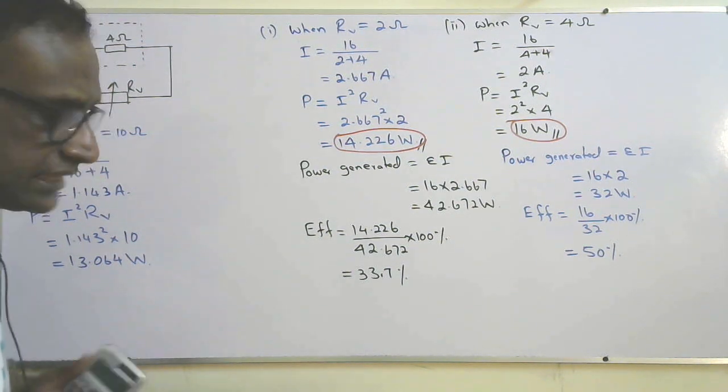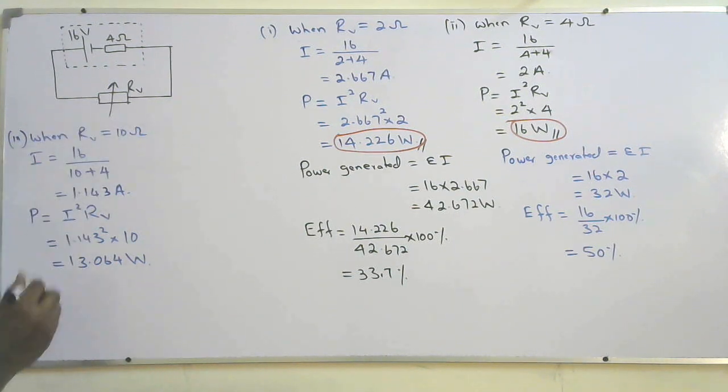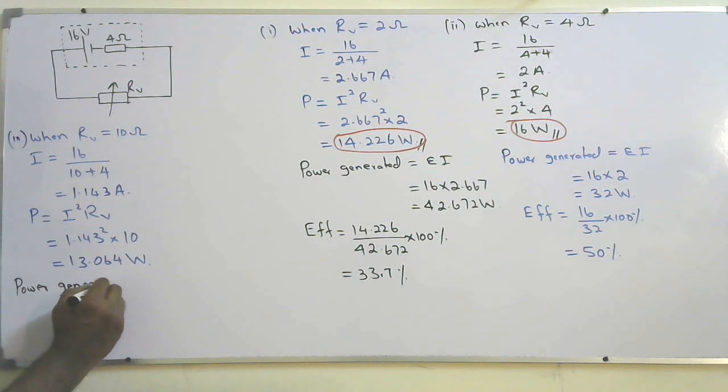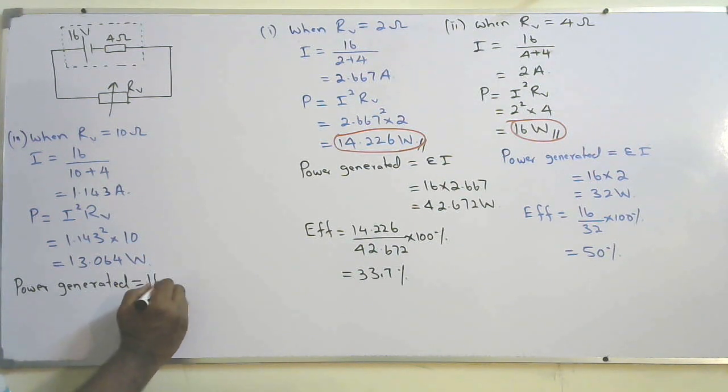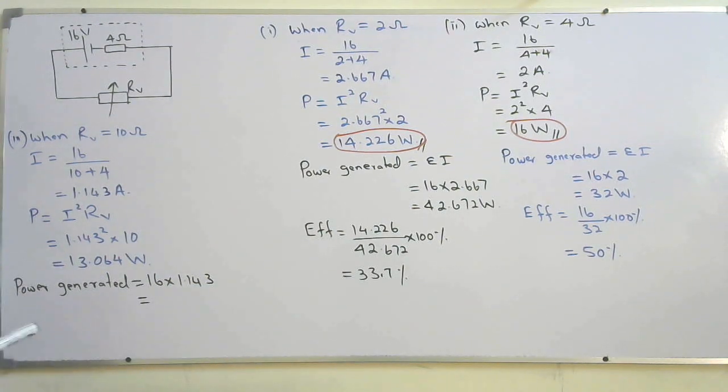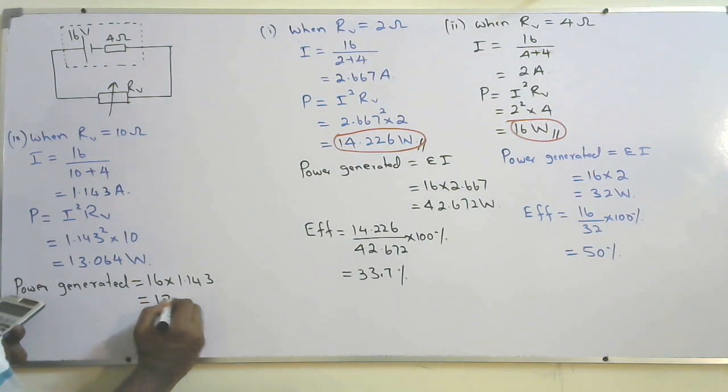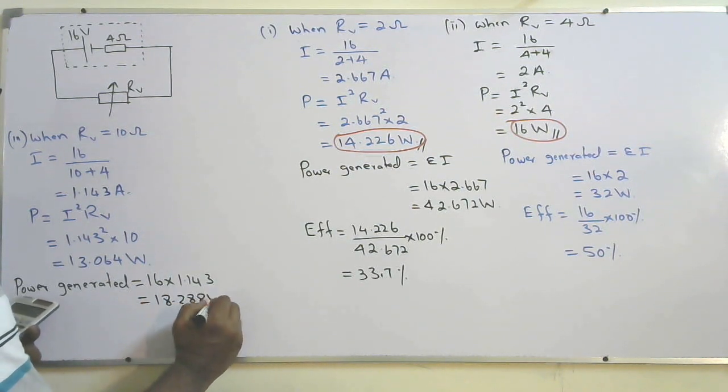So I need to find the power generated when the external resistance is 10 ohms. Equal to EMF, 16, into current flow 1.143. That will be 18.2288 watts.